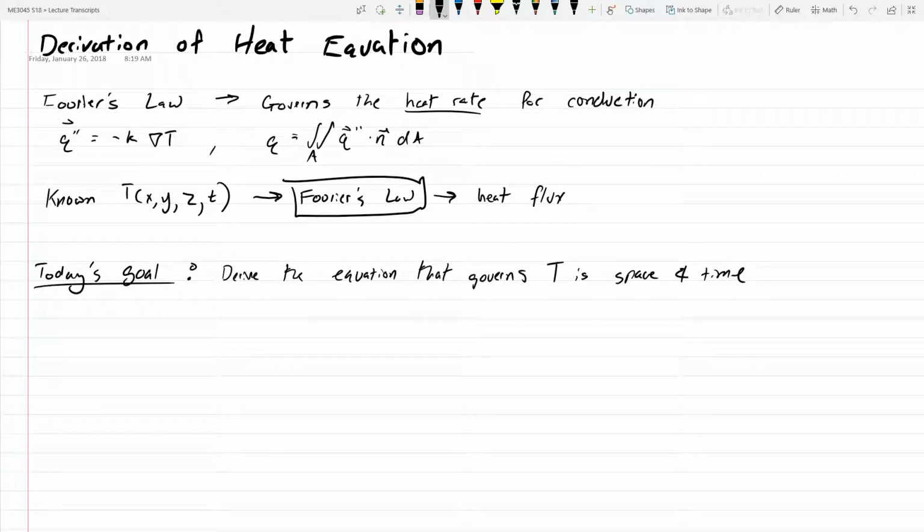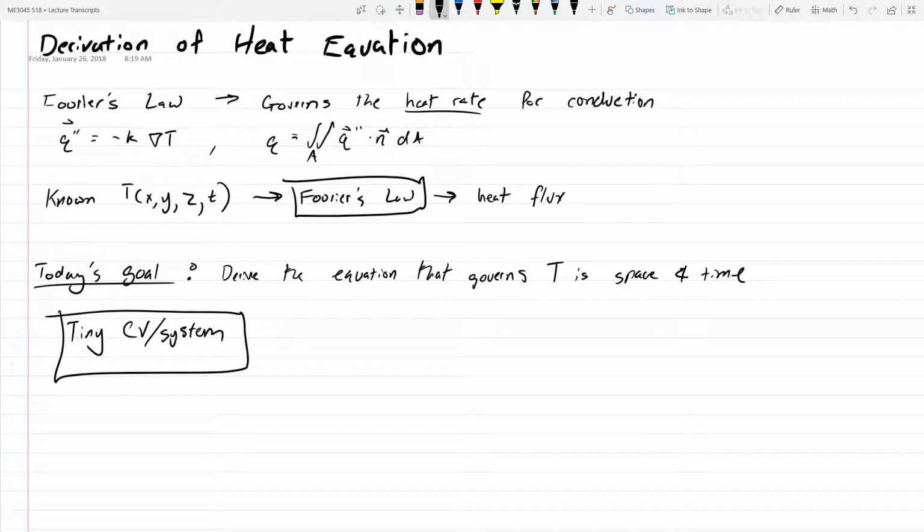To get everyone oriented, the general process we're going to follow, in broad strokes, like a flow chart: we start out with a really tiny control volume or system, and we apply conservation of thermal plus mechanical energy.